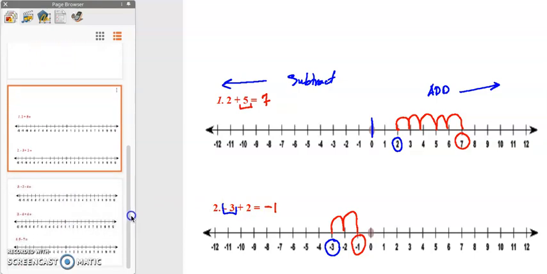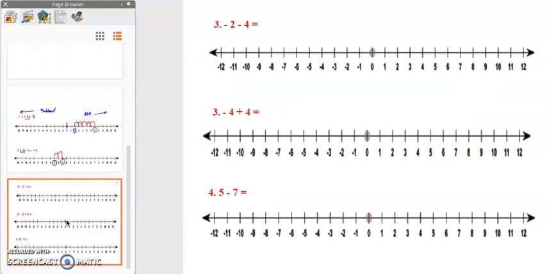It doesn't matter which number you get, just identify the number first on the number line and then carry out the proper operation. So here our first number is negative 2. It's not just a 2, it's a negative 2. You identify negative 2, which is right here on the number line. Our operation is a subtraction.